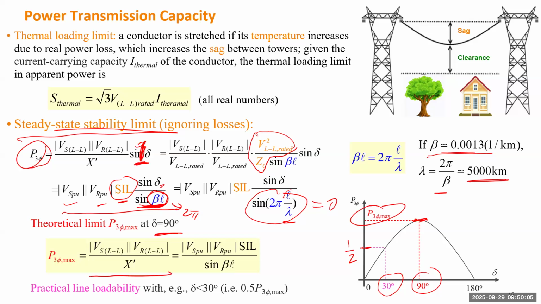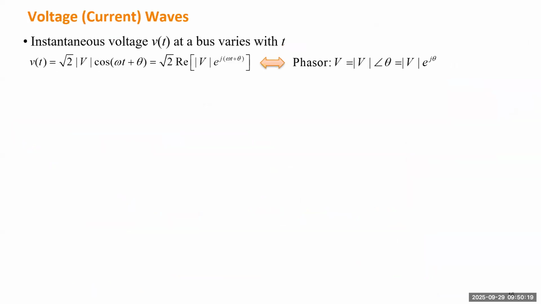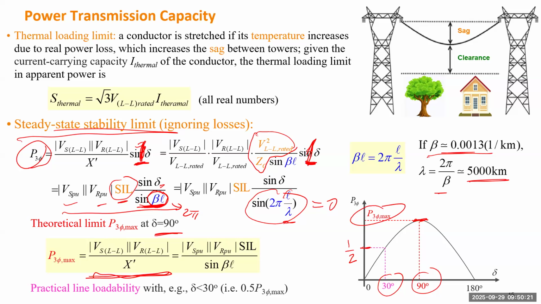This will become the definition of the theoretical limit, which is the same as in this formula where we replace sine delta by 1. So we can use either this formula or this formula to calculate the theoretical limit.